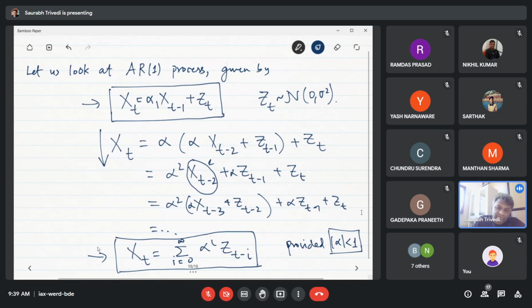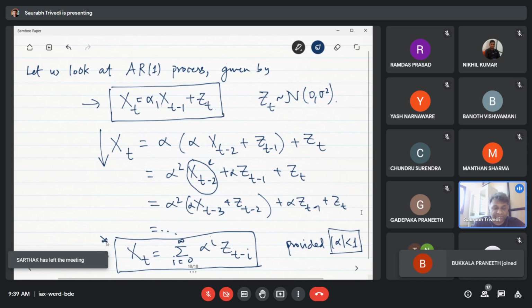So what can you say about this process here, xt equals summation i equals 0 to infinity alpha i zt minus i? What kind of process is this?